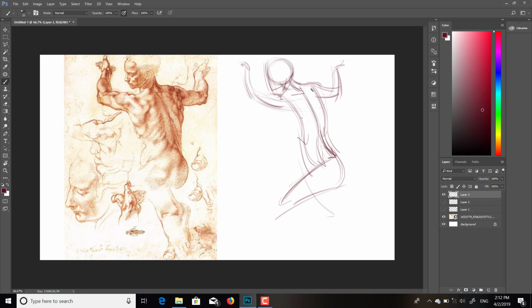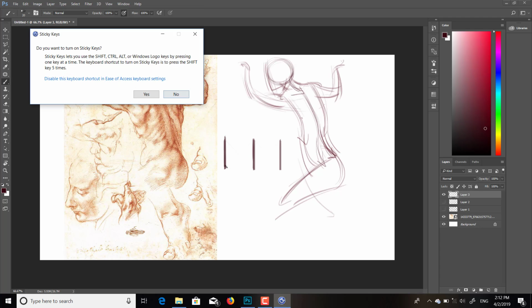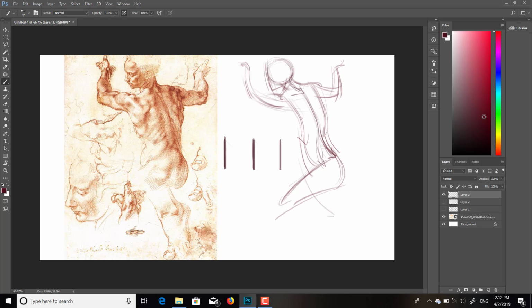And before I get to structure, let me tell you something about lines. I draw 3 lines here. Sorry about that.